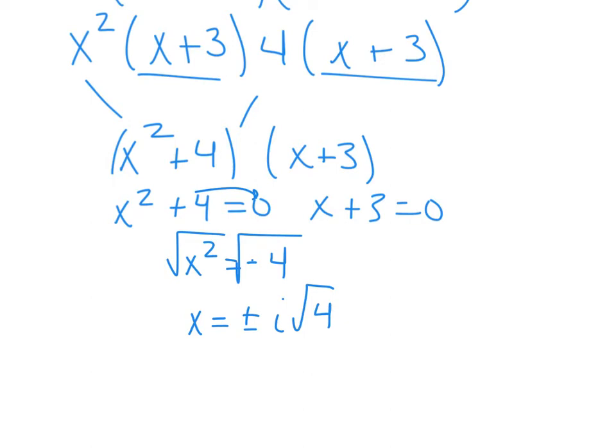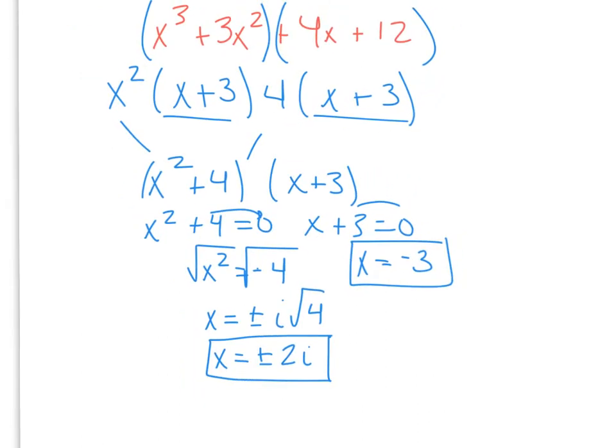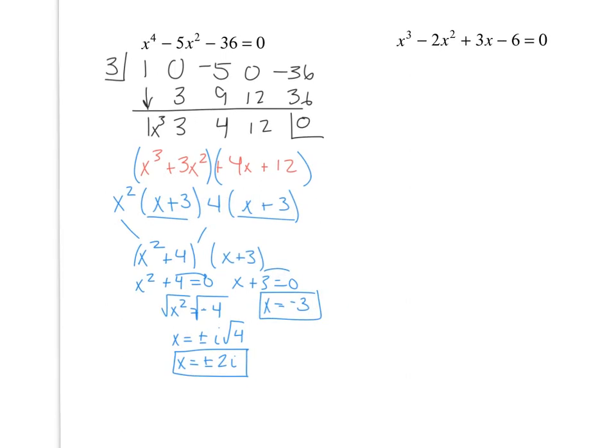But we know the square root of 4 is 2, so this just becomes x equals plus or minus 2i. There you go. And the other solution, when I move the 3 over, is x equals negative 3. And there are my 4 solutions. Since it was x to the fourth, I have 4 solutions: 3, plus or minus 2i, and negative 3. So that's really it.